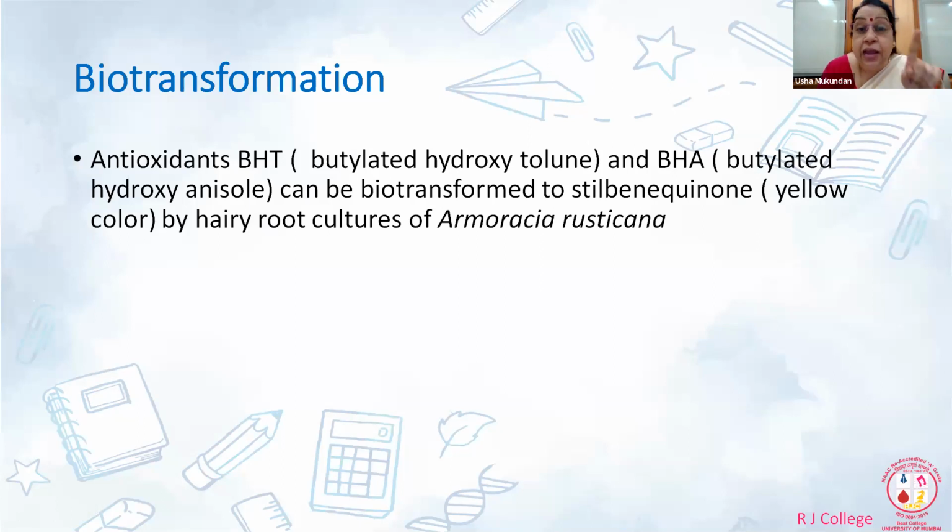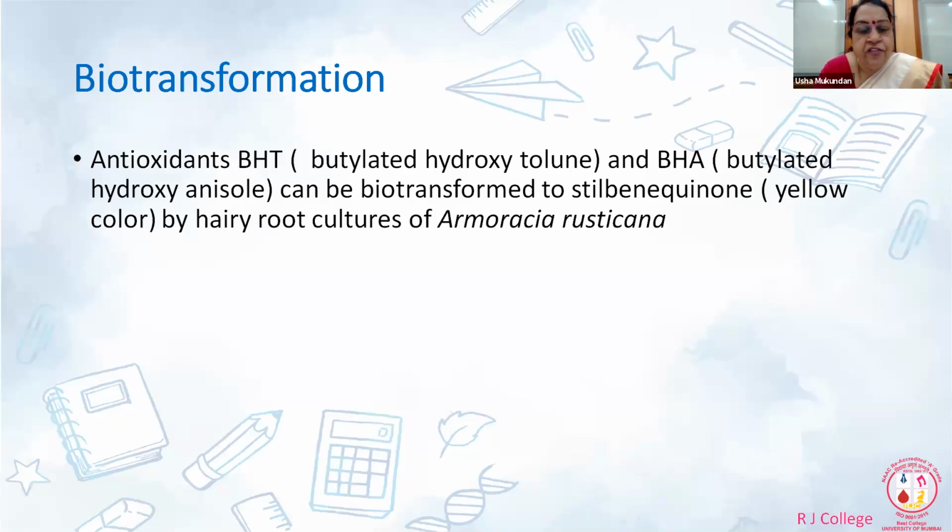So, those hairy roots with horseradish peroxidase can also be used as an experimental model for demonstrating biotransformation. You might have seen preserved food material. BHT and BHA are normally used antioxidants.